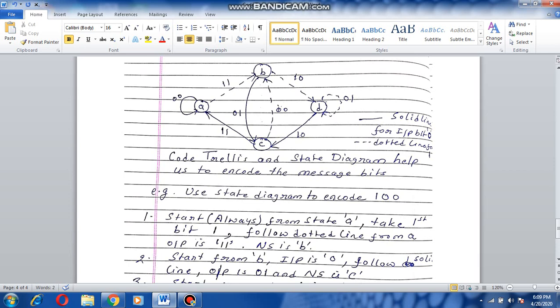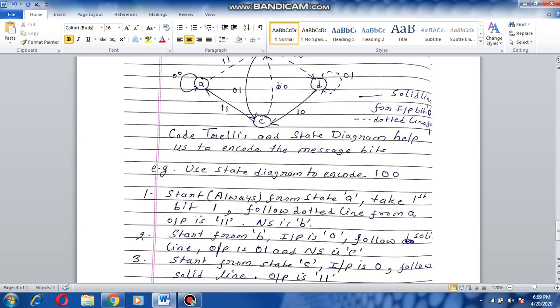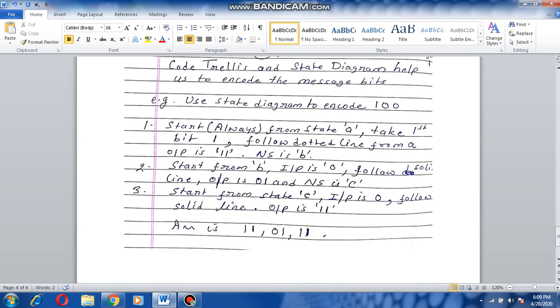B. Now start from B, and as the input is 0, follow the solid line, the output is 0 1, and the next state is C. Now start from state C, the input is 0, so follow the solid line and the output is 1 1. So our encoded output is 1 1, 0 1 and 1 1.